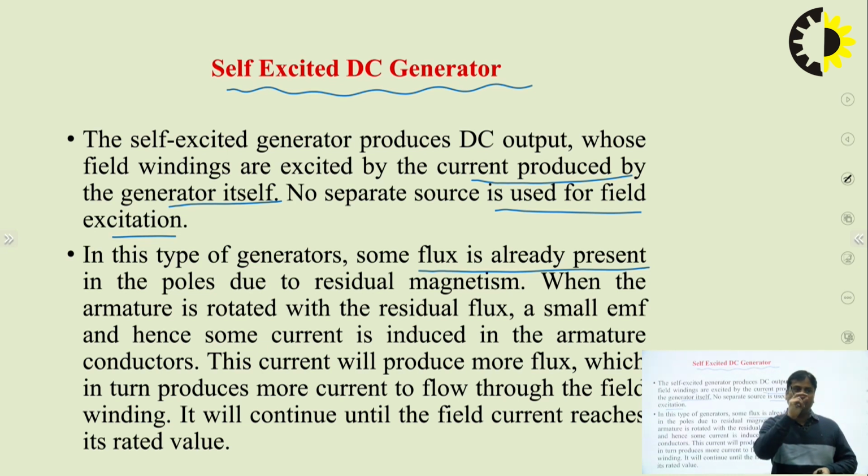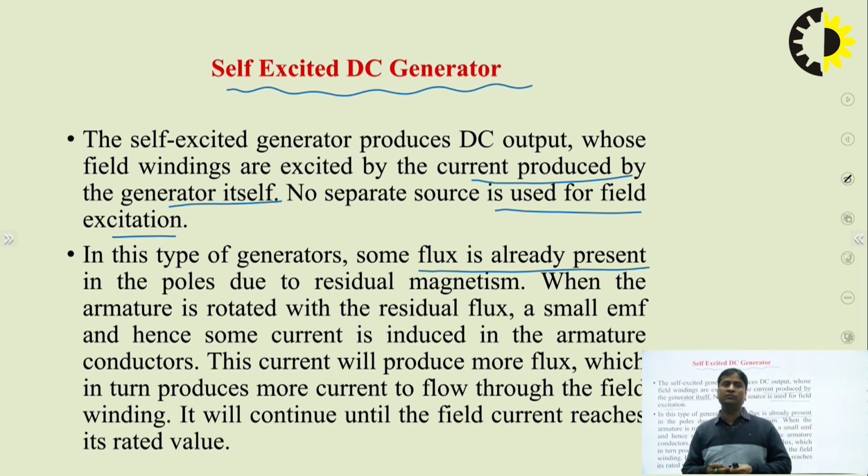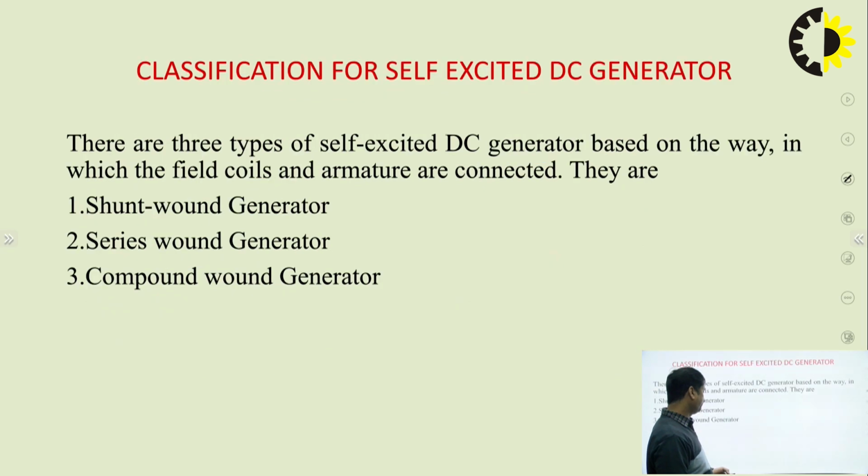Because of that, there is some flux in the poles, and this will induce some voltage in the armature. When some voltage is induced, it gives some current to the field winding. Again the field winding is excited, having some more field current, and this process continues. We call it the voltage build-up in a self-excited DC generator.